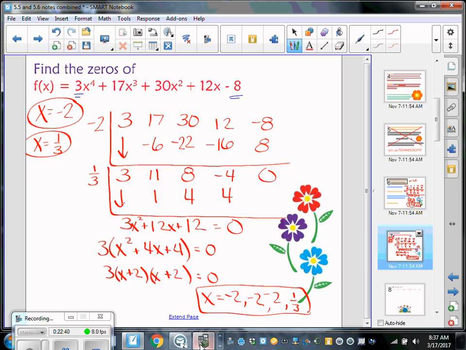So what do you multiply to get 3? Multiply to get 8? Okay, so it's called your P and Q list, if you've ever heard that term before.